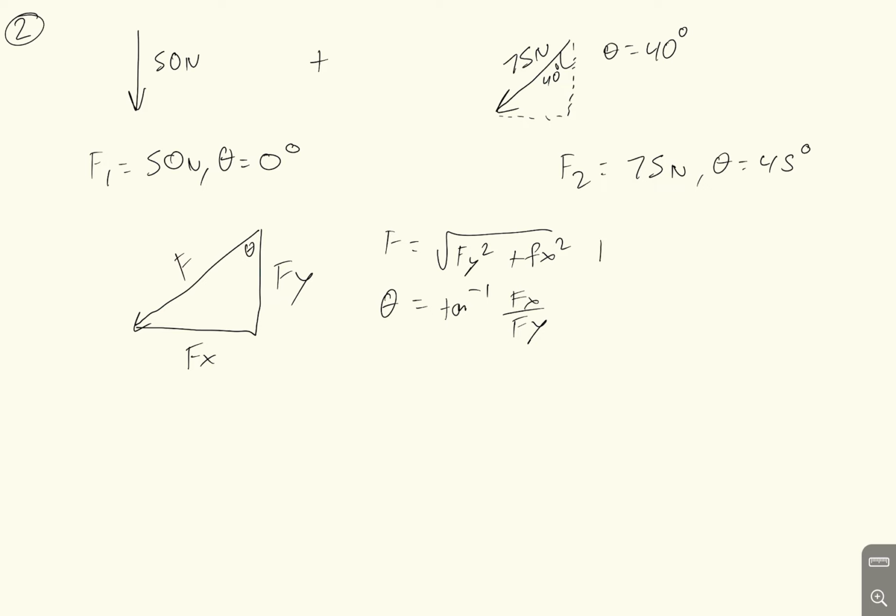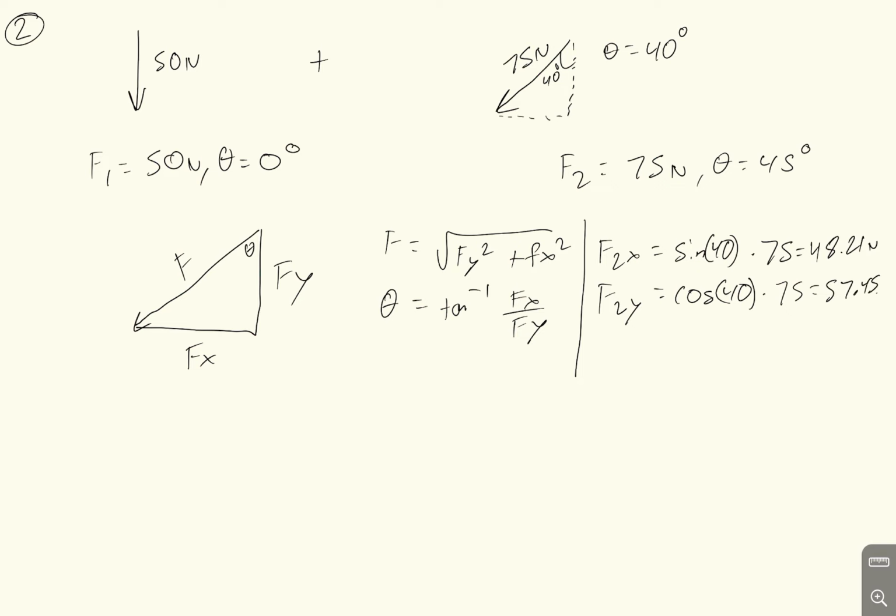So F2x is equal to sine 40 times 75, which is equal to 48.21 newtons. And then F2y is equal to cos 40 times 75, which is equal to 57.45 newtons.